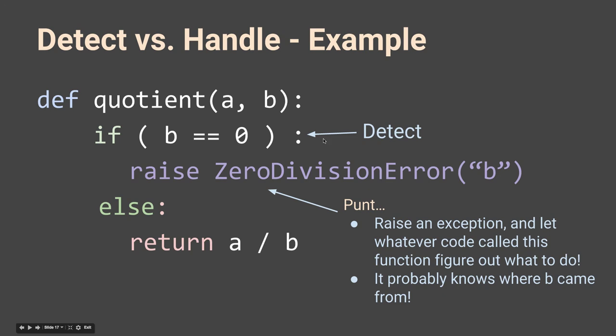At this point, quotient will no longer be running. And if quotient was called within a try block, then that error can be handled. If quotient was not called within a try block, then that error will actually crash the program, forcing the programmer, by the way, to now deal with that problem, to actually put in a handler if that's necessary.